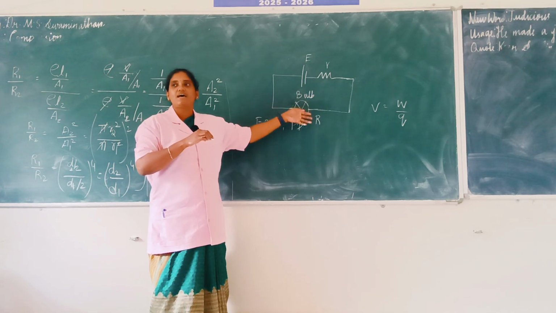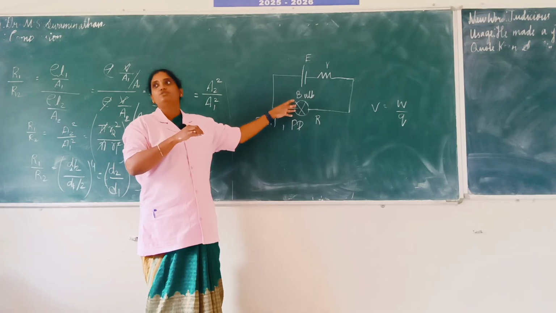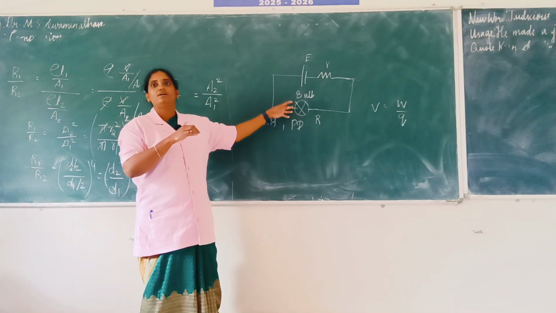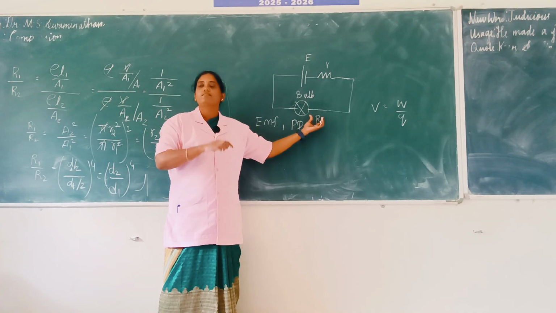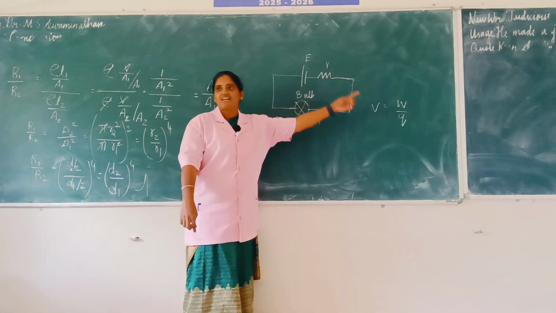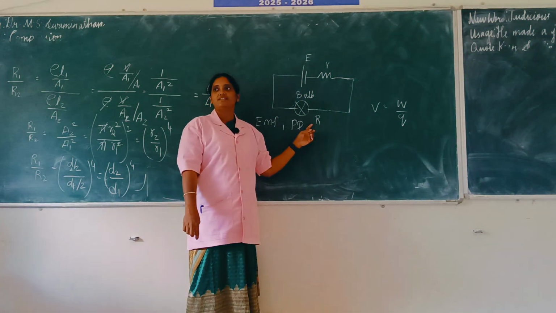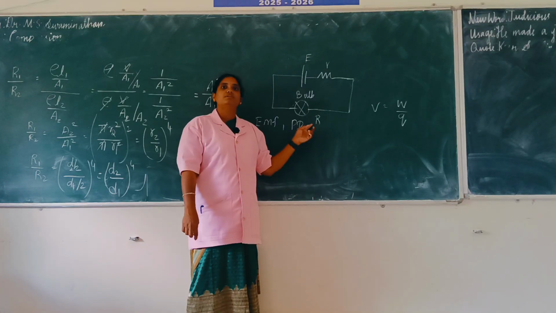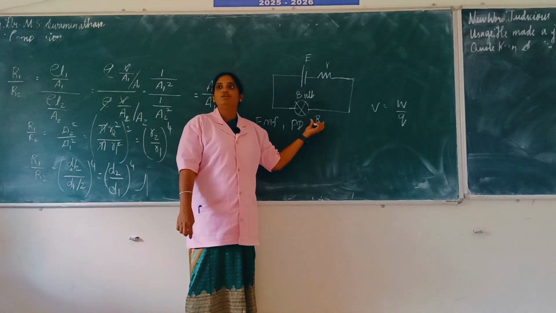So what is happening here? The charges are used up to glow this light, right? So the potential difference is the work done per unit charge. This EMF makes the charges flow through the circuit, but this potential difference makes the charges do the useful work.